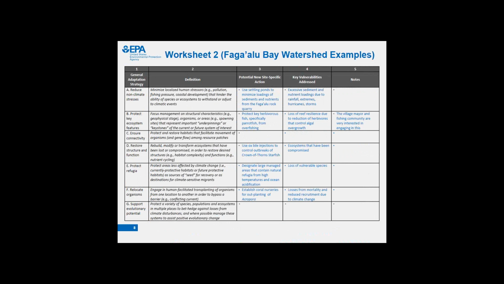We had a huge tsunami in 2009, which brought a lot of nutrients into the water and allowed the crown of thorns to just thrive because of all the nutrients. And since then, we've taken an active stance in trying to control them. What we do is we use ox bile injections to control these outbreaks. We basically find the individual crown of thorns, and then we inject them with ox bile.